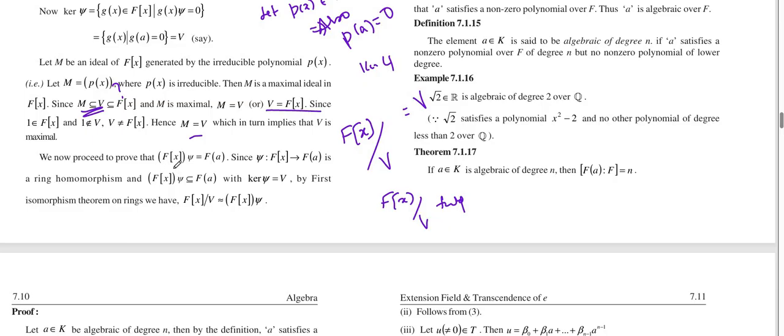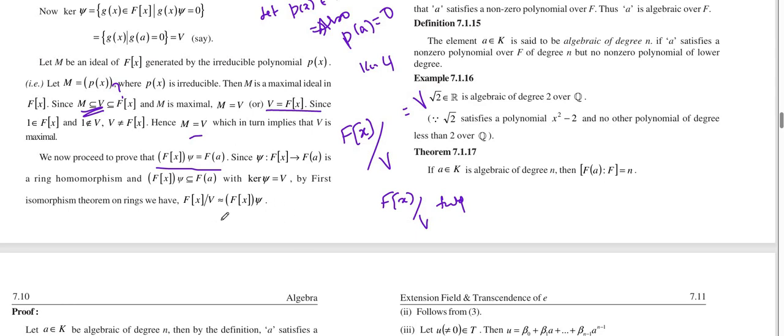Now we will claim the image of F[x] under psi is F(A). Obviously we need to prove that this is contained in this and this is contained in this. This one contained in this is very obvious. Now by the first isomorphism theorem, when you have an onto homomorphism with kernel this, then F[x] mod V should be isomorphic to F[x]psi.